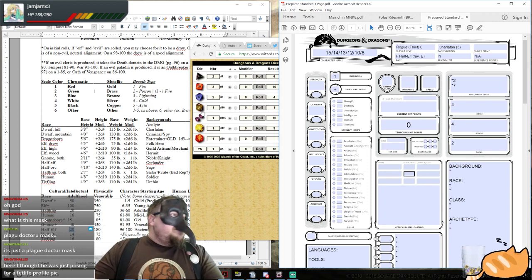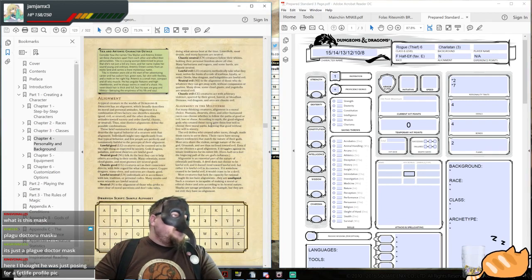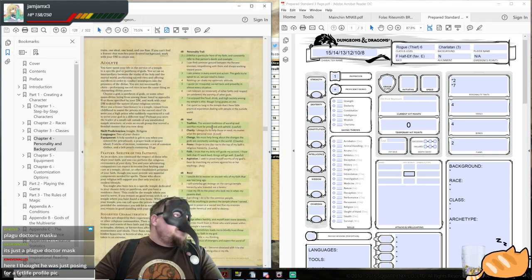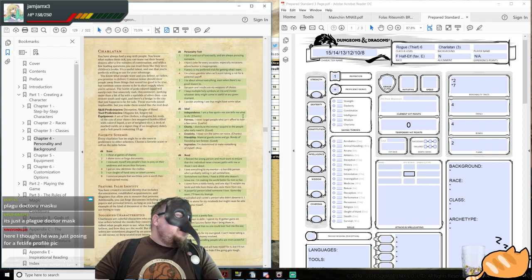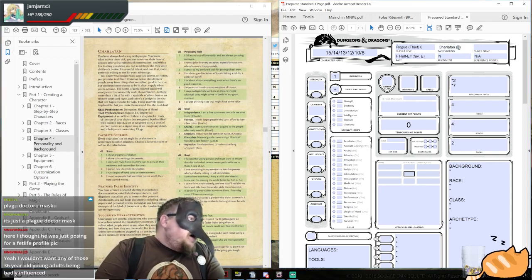All right. We have everything we need from the random trait generator. Now we're going to start with the background, because that's going to give us skills and some other things that we don't want to be redundant with the race or the class. Charlatan. Specifically, we're going to look at 3. This is the scam.